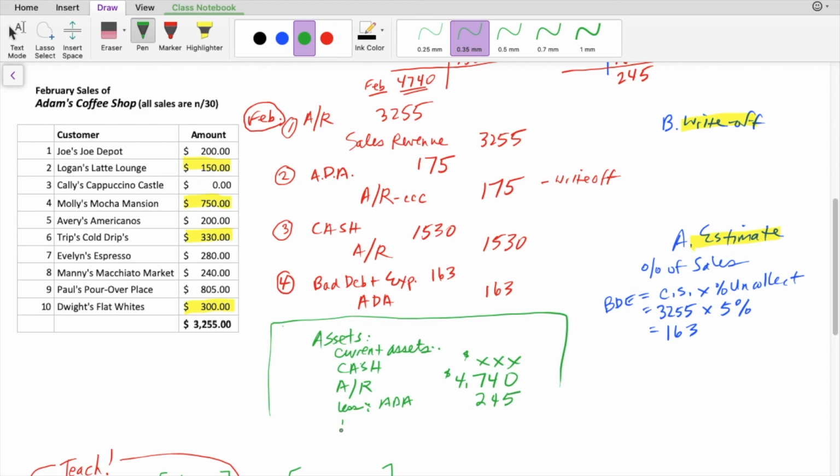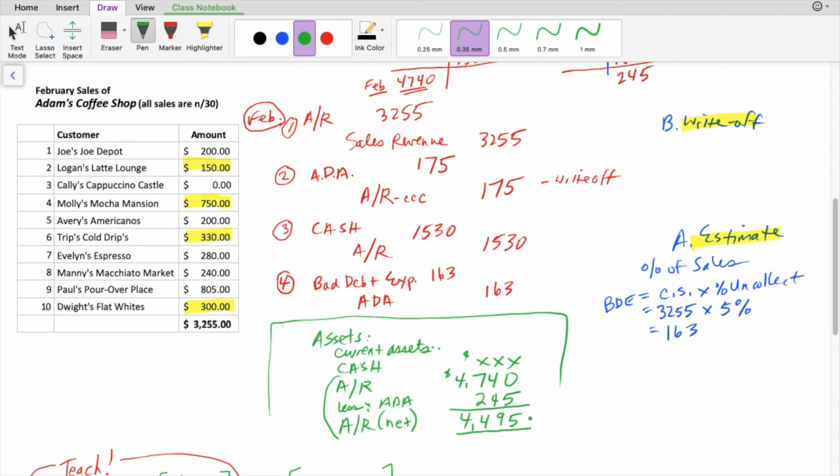That leaves us with accounts receivable net of the allowance, just like equipment is net of depreciation. Accounts receivable net of the allowance of $4,495. So that's how our accounts receivable portion of the balance sheet is going to change.